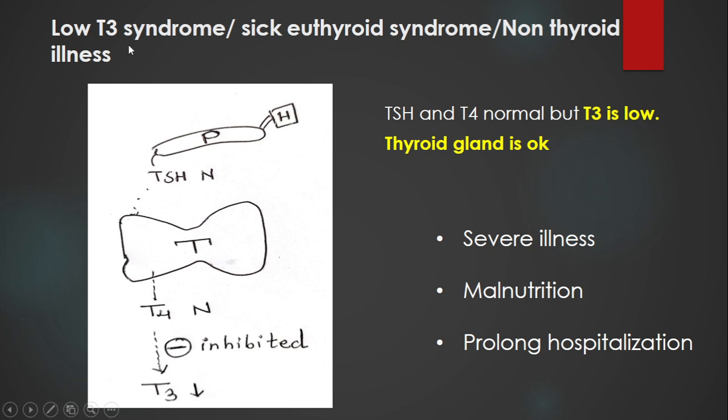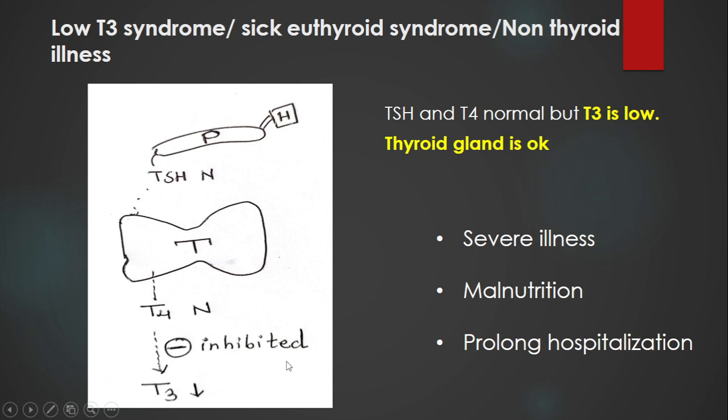Another condition is low T3 syndrome, or you can say euthyroid syndrome, or non-thyroid illness. In this case, the thyroid gland is normal. That's why it is called non-thyroid illness. The thyroid gland is okay. TSH is also normal, T4 is normal. But the problem is that there is less synthesis of T3 from T4.